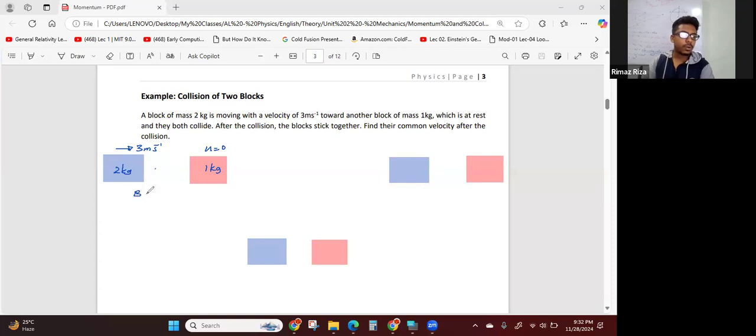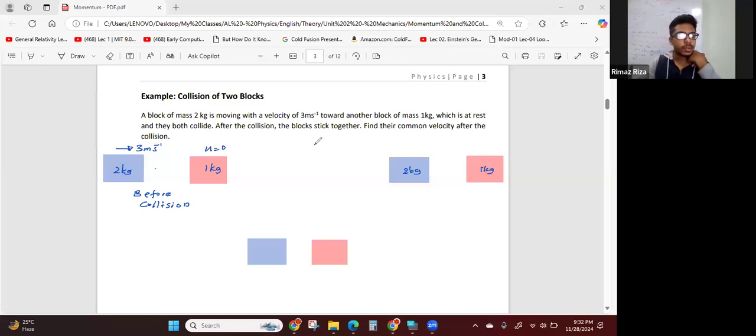So this is moments before collision, and this is after collision. The mass 2 kilogram and this 1 kilogram.